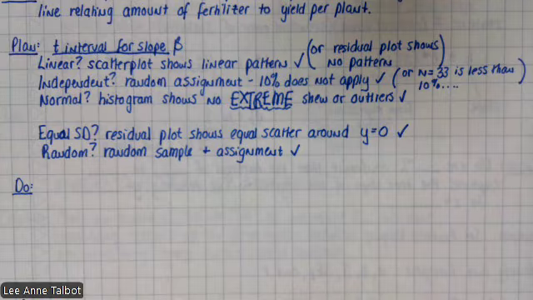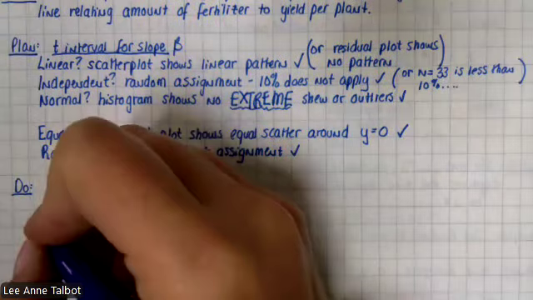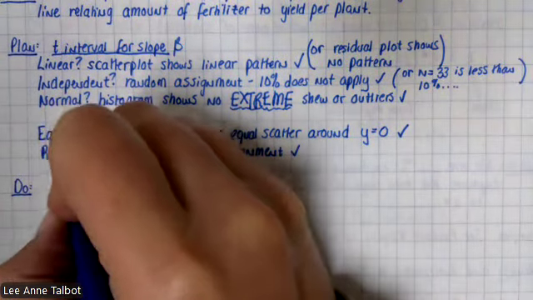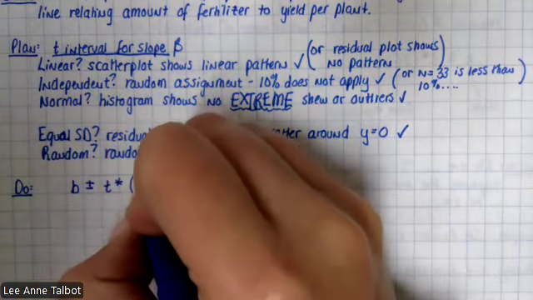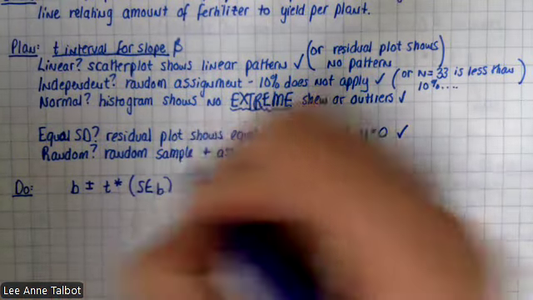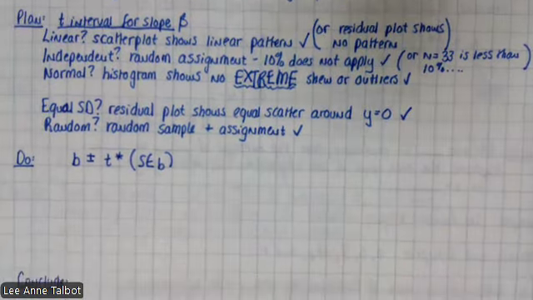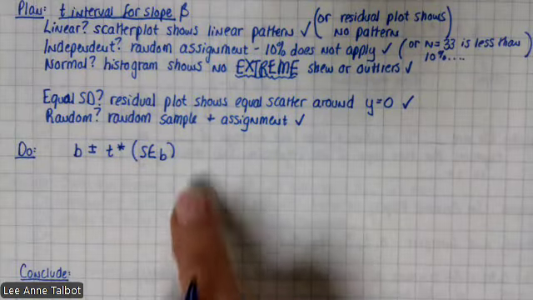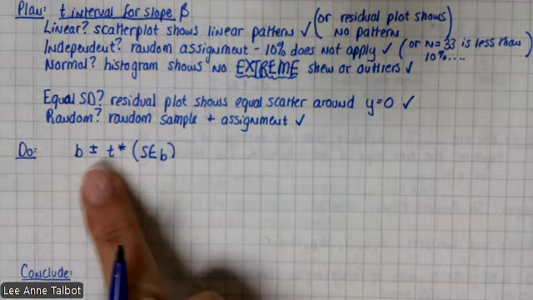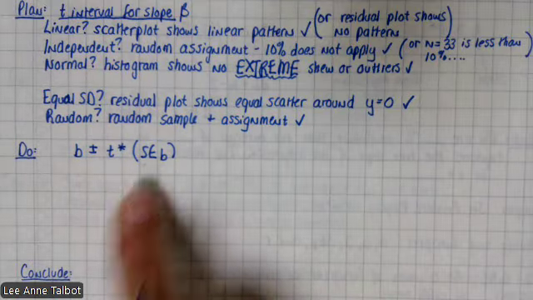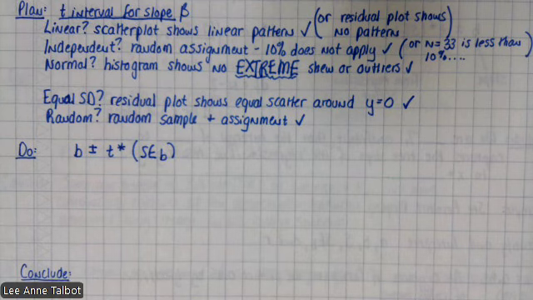Okay, grab your calculator. So sample slope plus or minus T star times the standard error of the slope.